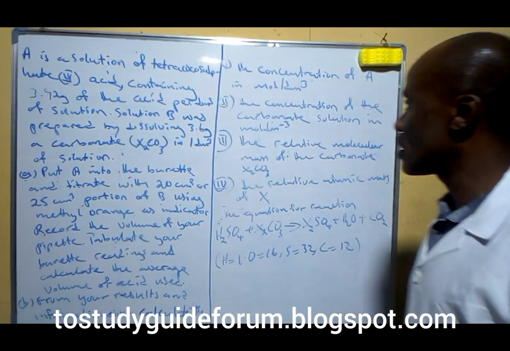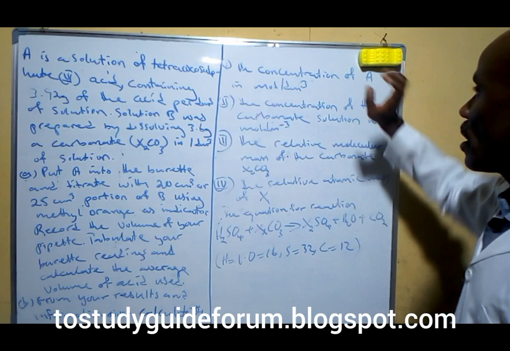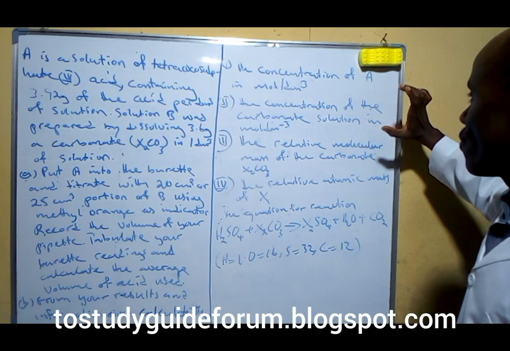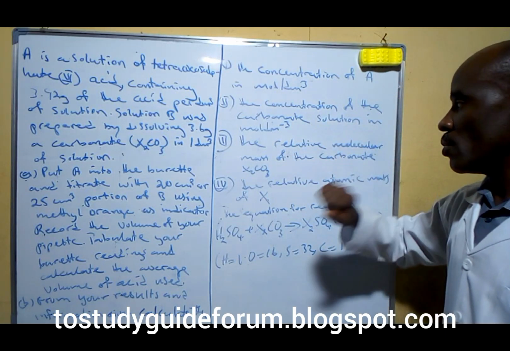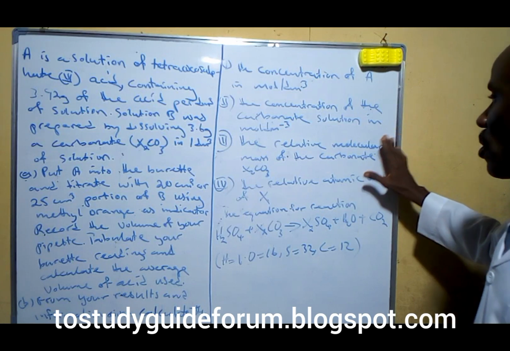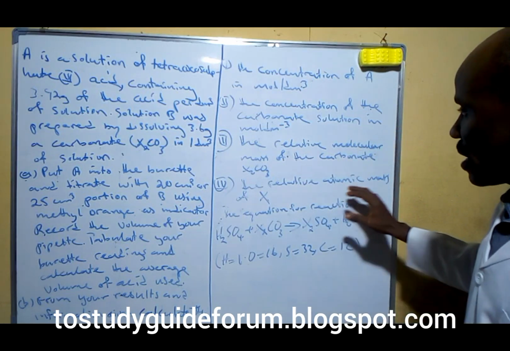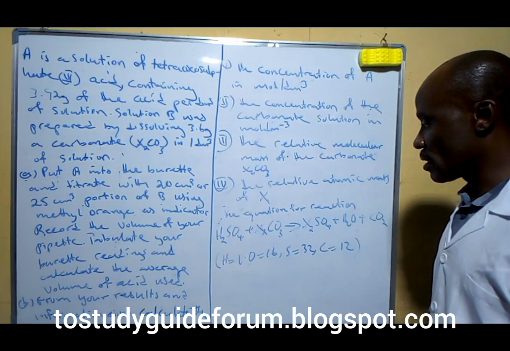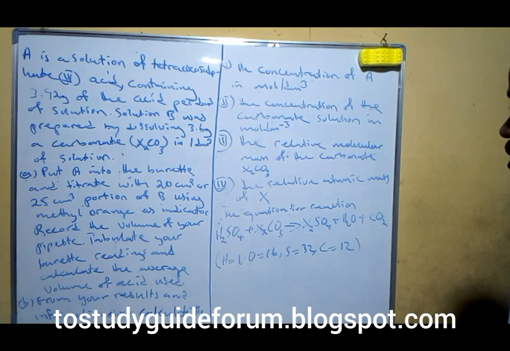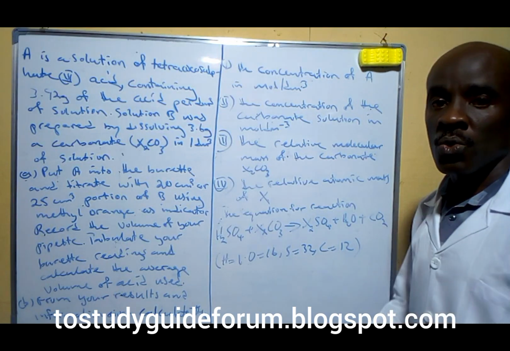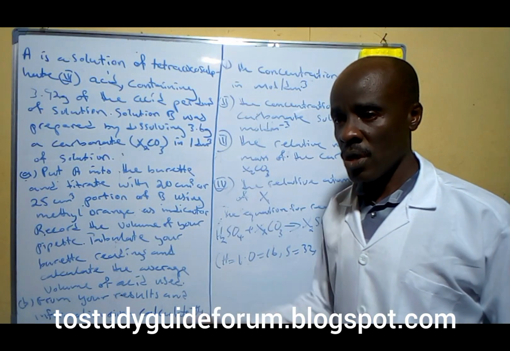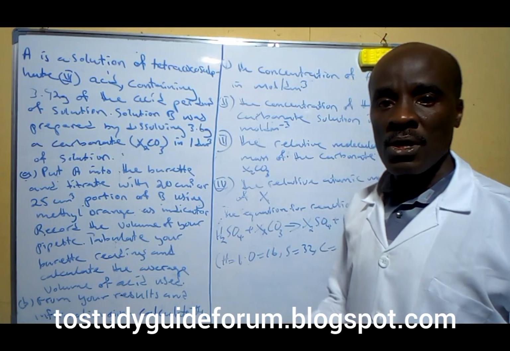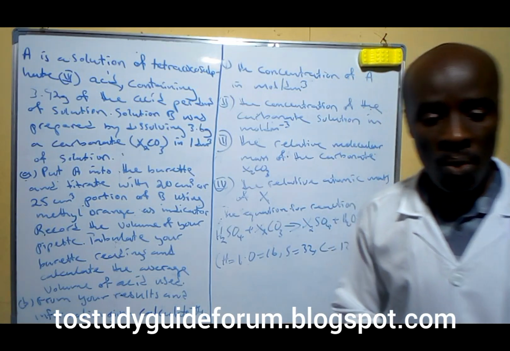From the information given, calculate the concentration of A in mole per dm cube, the concentration of the carbonate in mole per dm cube, the relative molecular mass of the carbonate, and finally the relative atomic mass of X. This is the equation of the reaction, and I will encourage you to stay, don't run away, just relax and be patient enough to go through this as we work it together in order to achieve the same goal.